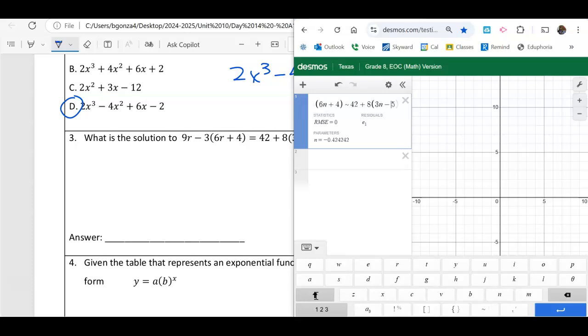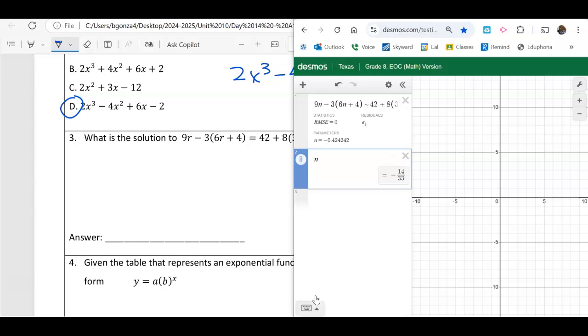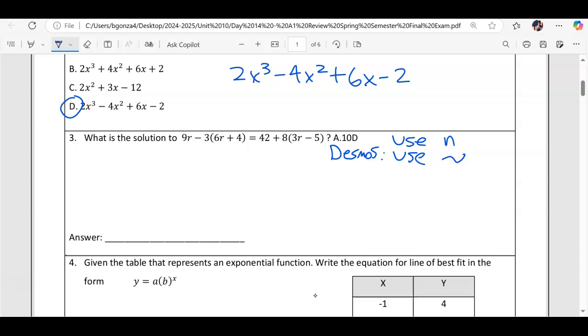All right. So as you type n, click this button, negative 14 over 33. Okay. Well, let's see if that's what we get when we do this.